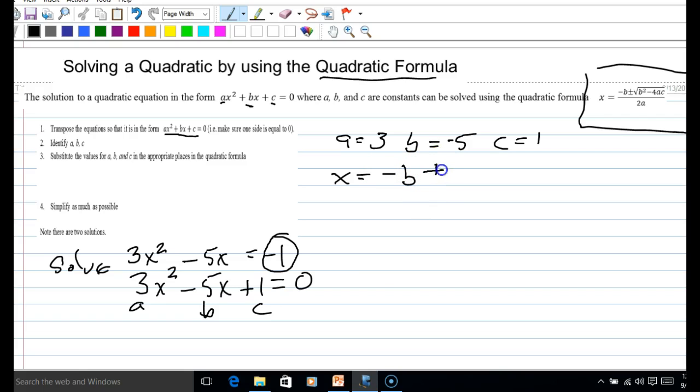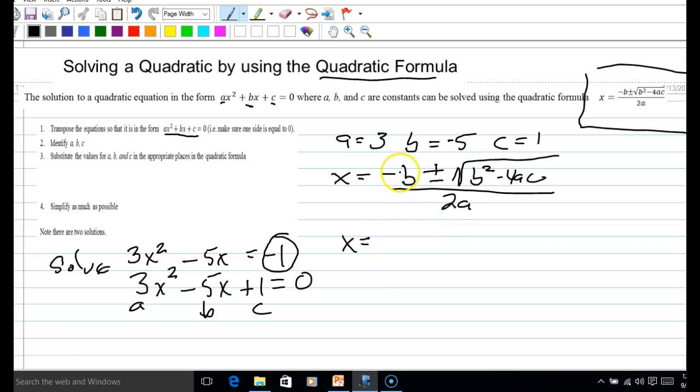X is equal to the opposite of B plus or minus the square root of the quantity B squared minus 4AC all over 2A. So to find what X is equal to, I simply substitute these values in the appropriate places for these variables in the quadratic formula.